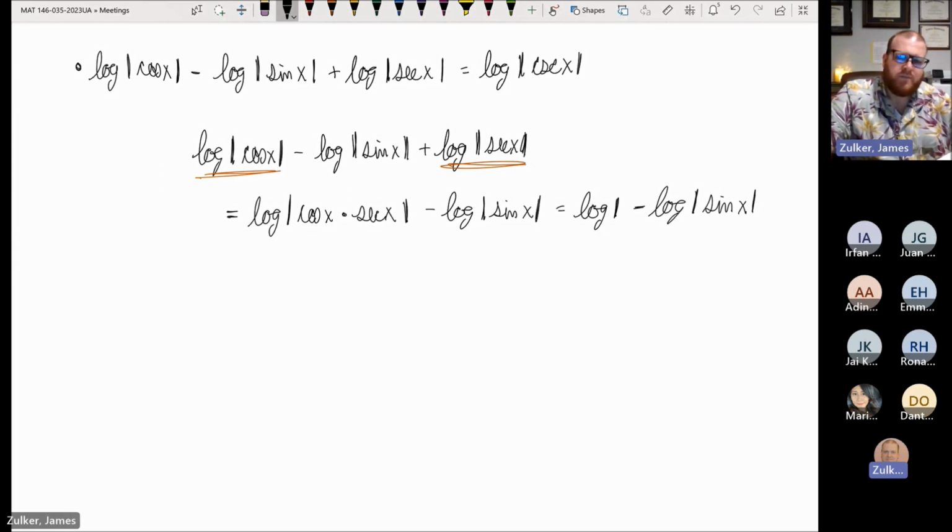What does log of 1 equal? So what does log of 1 equal?